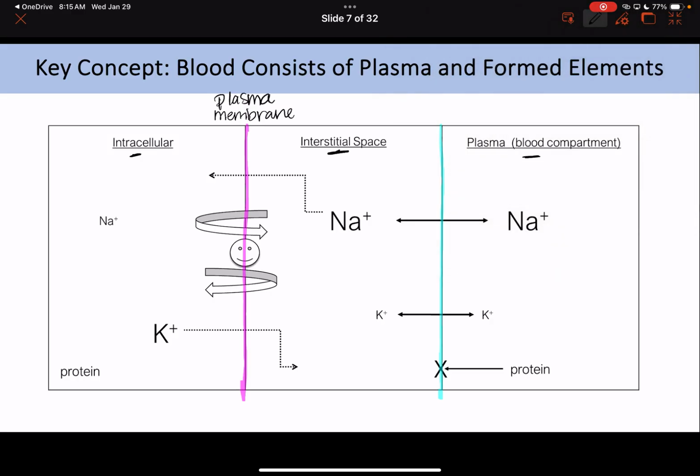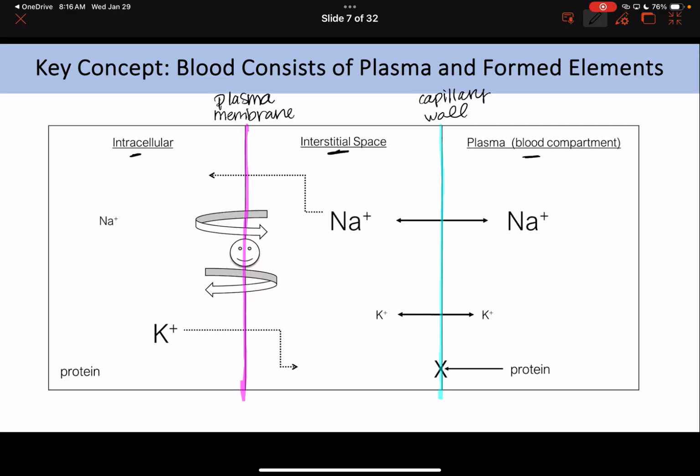So this will be our capillary wall. And I say specifically capillary because at the capillary is where we can exchange fluids or solutes between these compartments. You can't do it at arteries or veins because the walls are too thick. Capillaries is where we're going to be exchanging fluid and solutes.